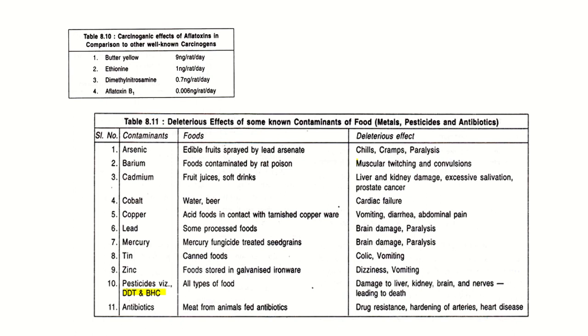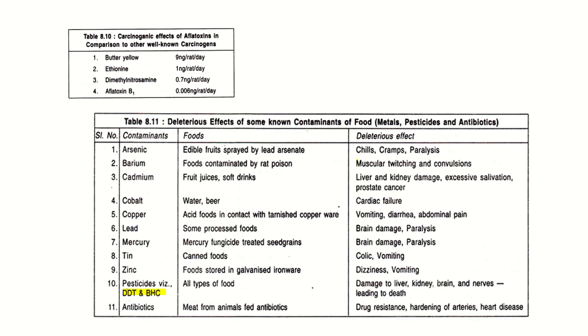Or during storage or any process technique, various process techniques require various utensils, and they are made up of metal ion. So what if that contaminant comes into the food material? What is the deleterious effect found through this in our body?